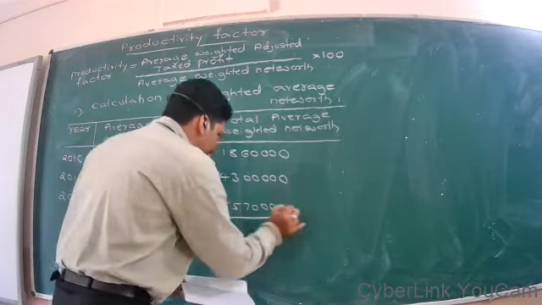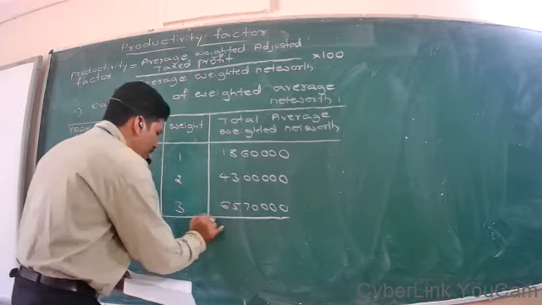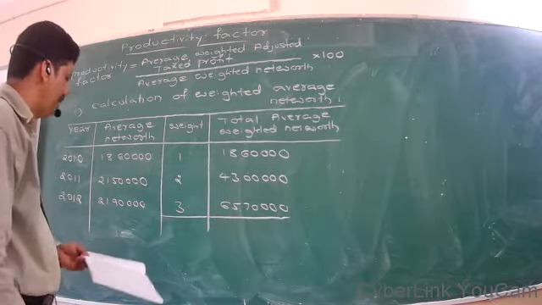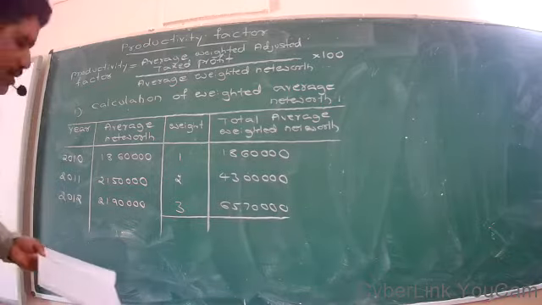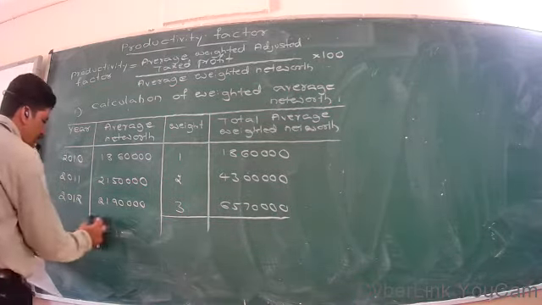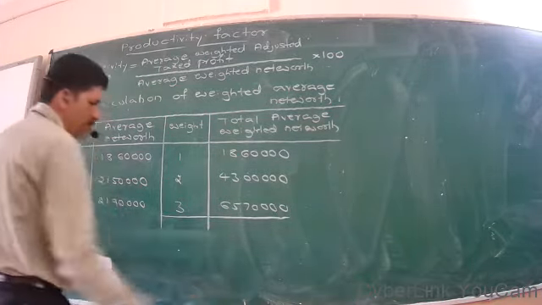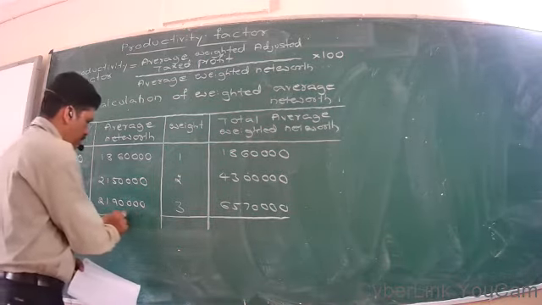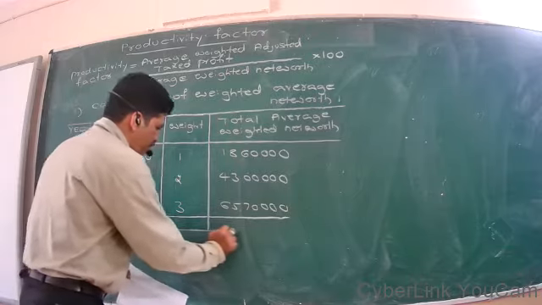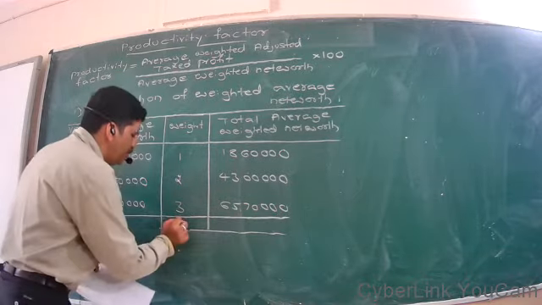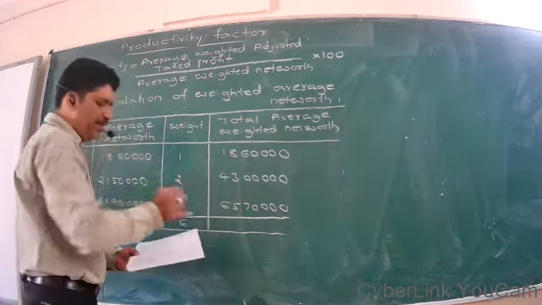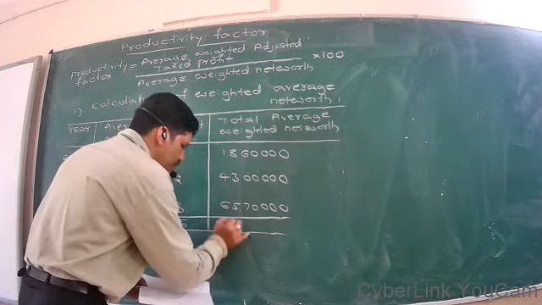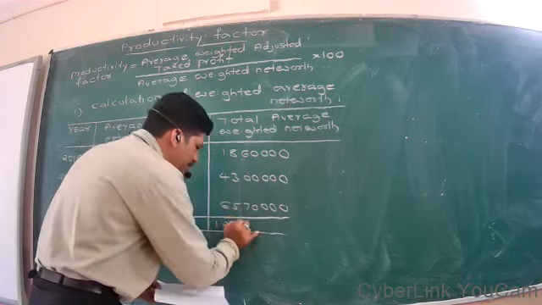Total of these two columns, one is the weight column, another is the total average weighted net worth. Total of the weight is 6 and total of this column is 1 crore 27 lakh 30,000.